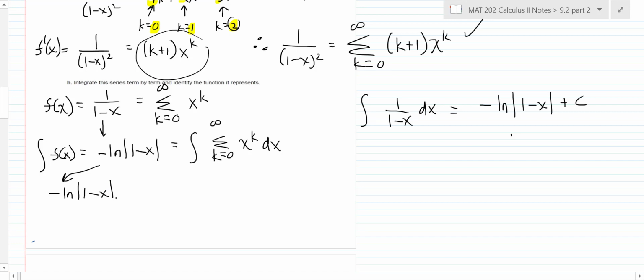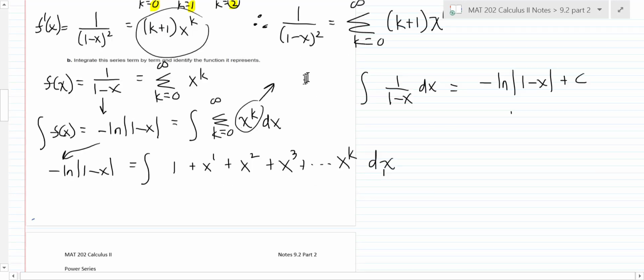That's our goal. So we're going to integrate term by term this power series. Let's write out the terms. If k is 0, you have x to the 0, or 1. If k is 1, you have x to the first. Then you have x to the second, x to the third, dot, dot, dot forever, x to the k, times dx.